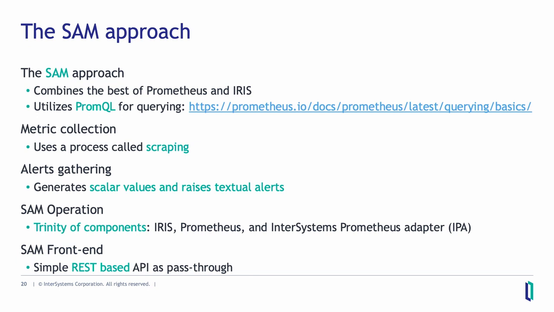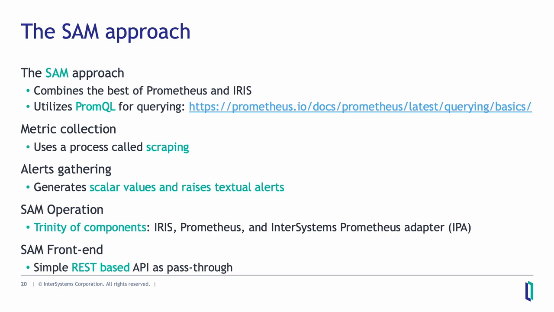Alerts gathering. IRIS not only generates metrics based on scalar values, but also raises textual alerts. However, Prometheus isn't really optimized for that. Prometheus is optimized for scalar values, and the authors of Prometheus warn against trying to shoehorn textual logs into its database.